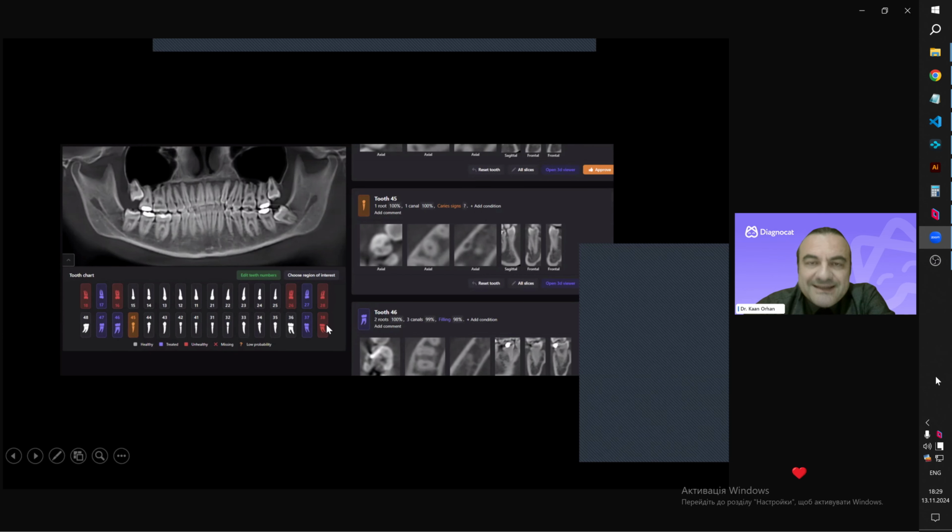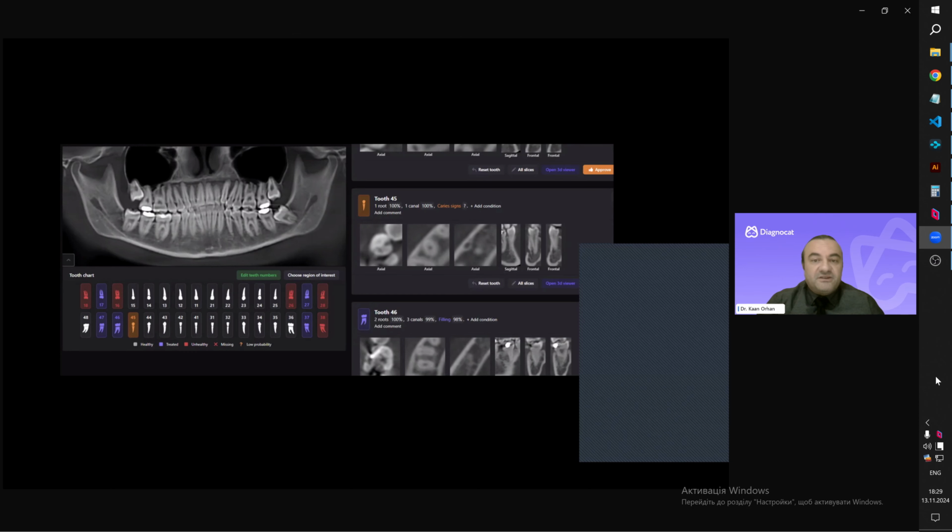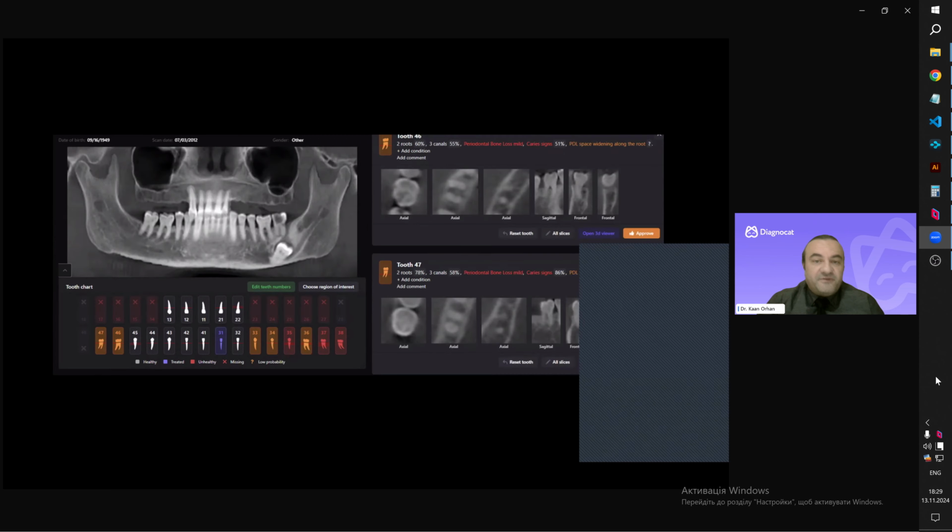For the 38, DiagnoCat is saying be careful, this tooth may have a relation with the mandibular canal. But on the other side, check the 48, it is not related. So this is how nicely you are being told as a decision support system by DiagnoCat, so you can predict the difficulty of the extraction.